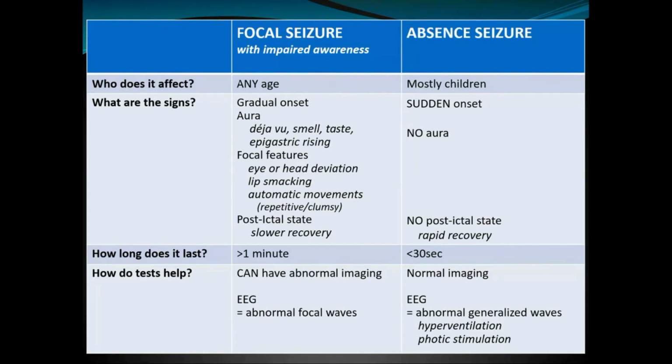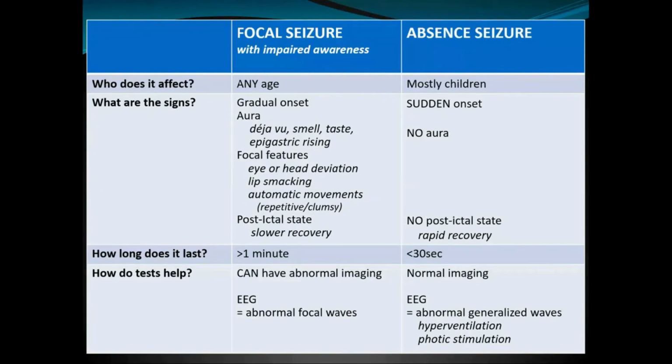The character of the seizure, as we were just talking about. So a focal onset seizure will sometimes have an aware period or prodrome or aura, and they may feel things like deja vu, smell or taste, or a rising sensation from their stomach. As you recall, these were the characters from the temporal lobe.